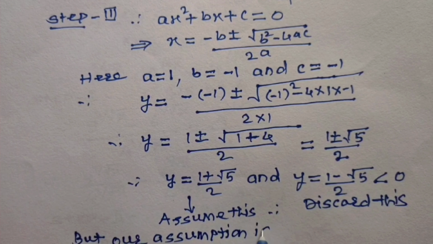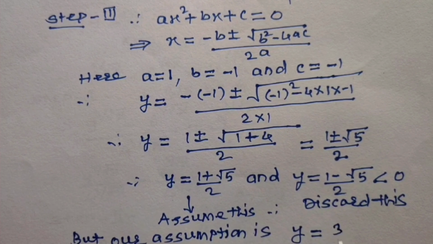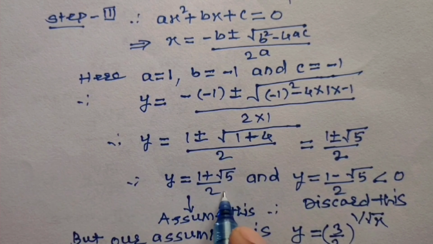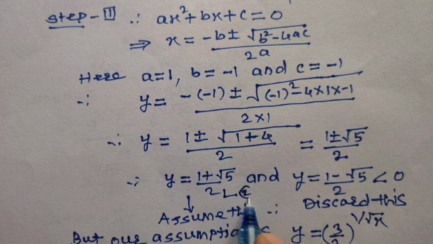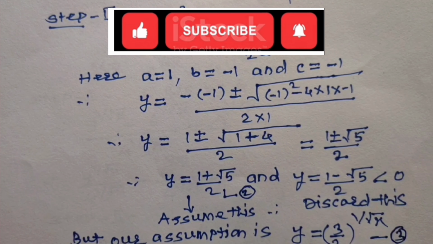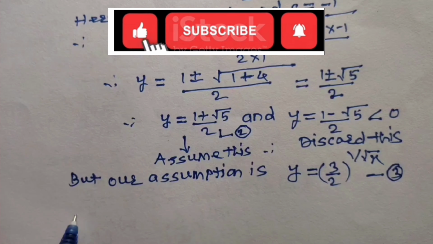But our assumption is y is equal to (3/2) to the power 1 over root x, which is equation number 3. Taking natural logarithm, we are considering this as equation number 3.